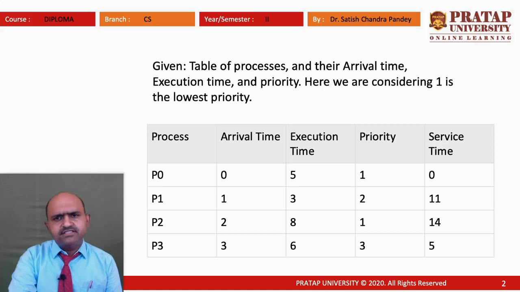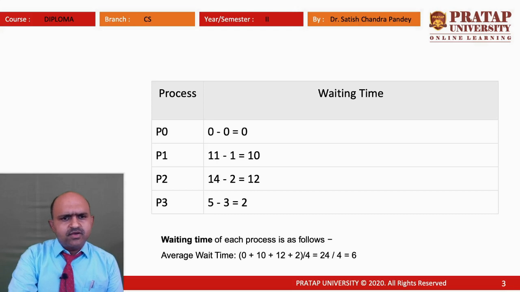Service time is 0 for P0, 11 for P1, 14 for P2 and 5 for P3. What is the waiting time for each process? For P0 we can see there is 0 waiting time. For P1 10, for P2 12 and P3 2.